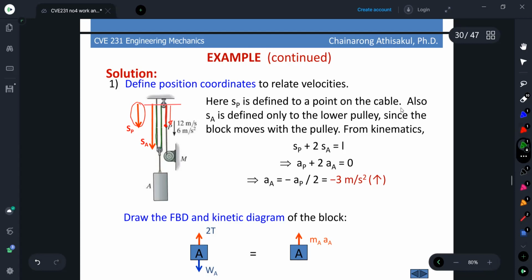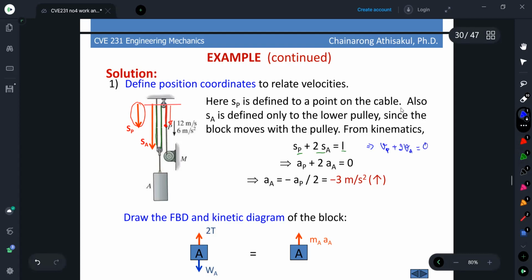According to these two lengths, we can formulate the constraint equation that SP plus 2SA equals a constant length. According to this, we can find the relationship of the velocity and the acceleration of point A and point P. By the first derivative, we get VP plus 2VA equal to 0.